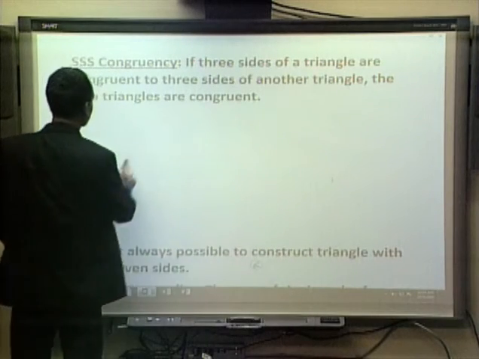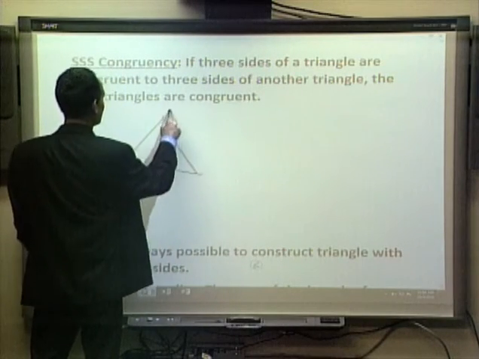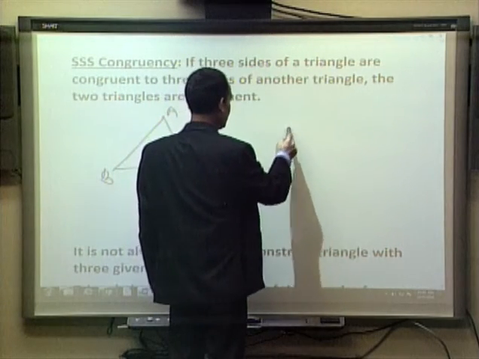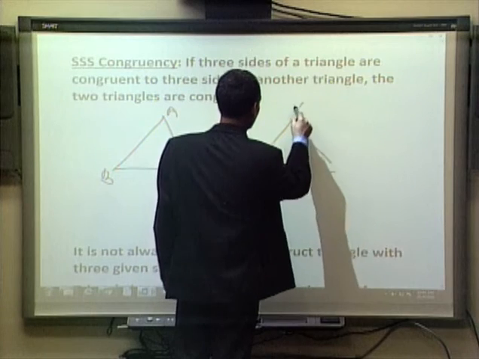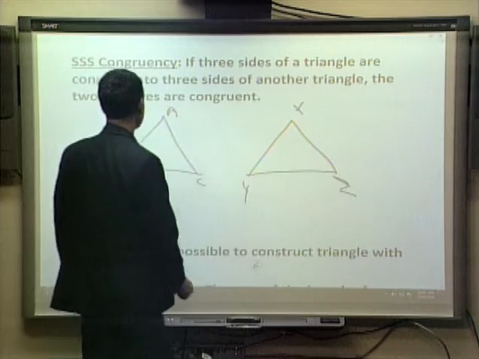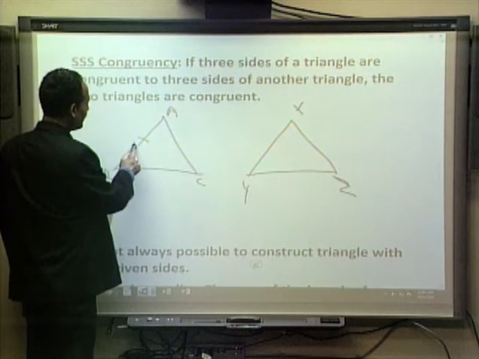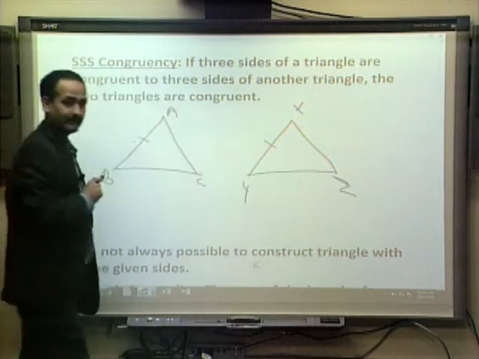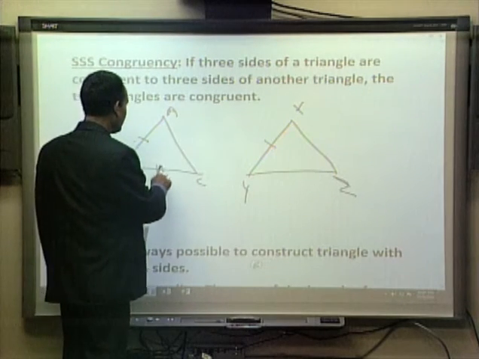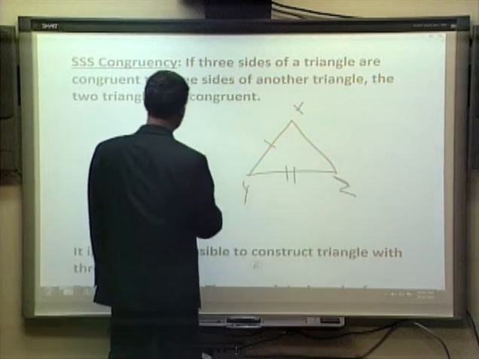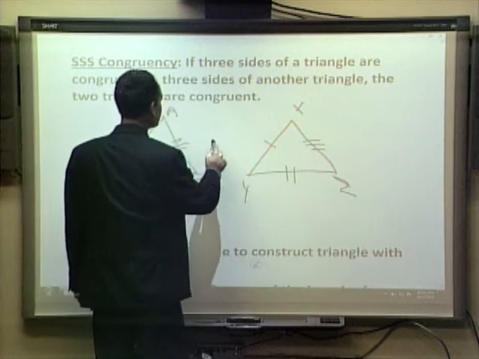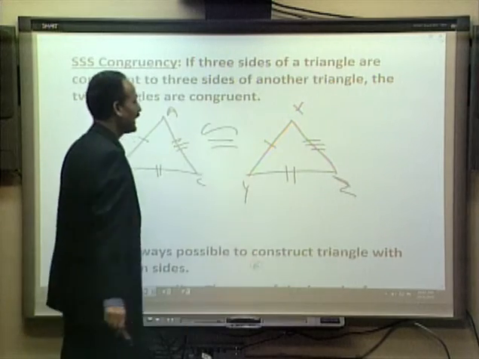Meaning that if I have a triangle here, let us say ABC, and let us say I have another triangle XYZ, if AB is congruent to XY and BC is congruent to YZ and AC is congruent to XZ, then in this case we say these two triangles are congruent.